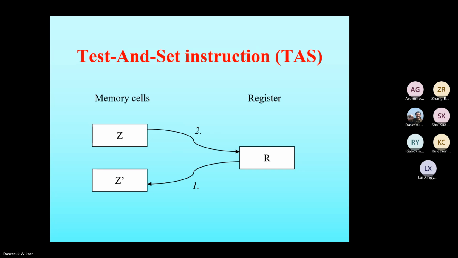However, I will not teach you this algorithm because it works only for two processes, because it is based on giving the processor to another process in a strictly defined moment in time.